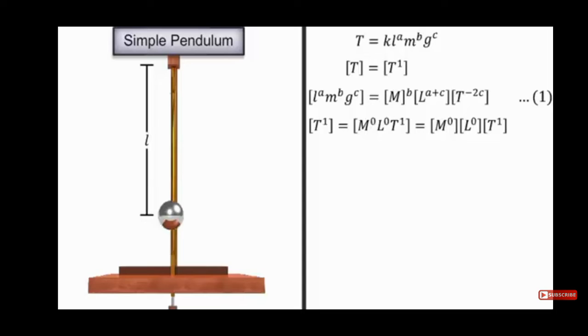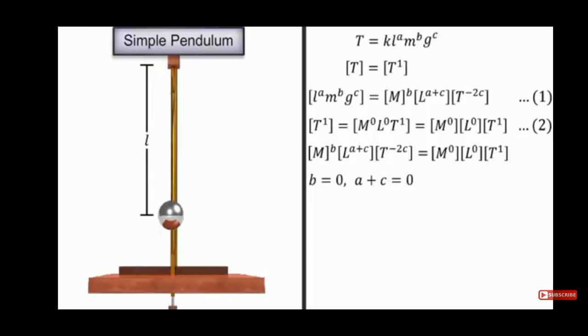Equating equations 1 and 2, we compare the powers of the base quantities on both sides of the equation. Thus, we get B equal to 0, A plus C equal to 0, and minus 2C equal to 1.